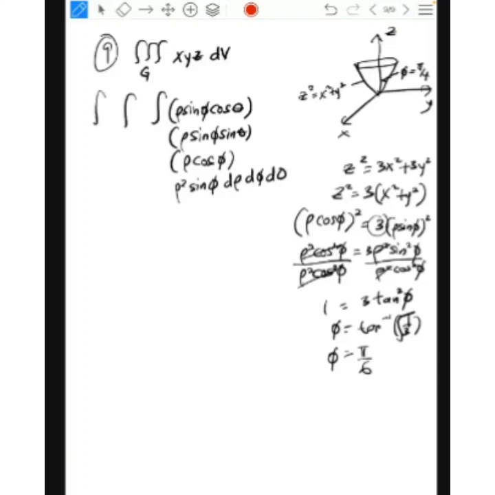And then rho is from 2 until 4, because it has two spheres. The first sphere is 4, so square root of 4 will be 2. The second sphere is 16, so square root of 16 will be 4. So it is like this, there are two spheres. The first sphere gives 2, the second sphere gives 4.